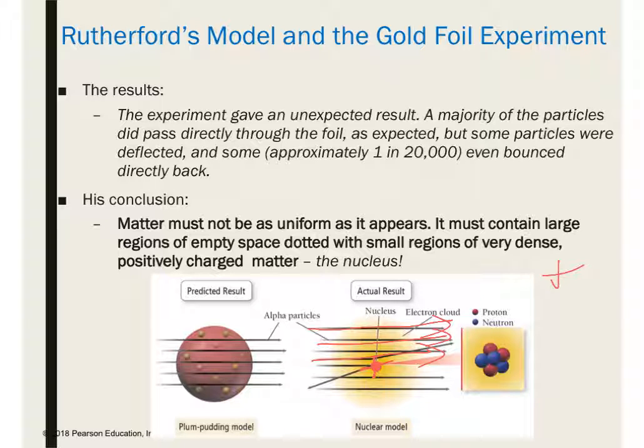And on the rare occasion they encountered the nucleus, they would be deflected very strongly by both the mass of the nucleus and also by the positive charge of the nucleus. Like charges repel each other, right? And so that was the discovery of the nucleus by Rutherford.